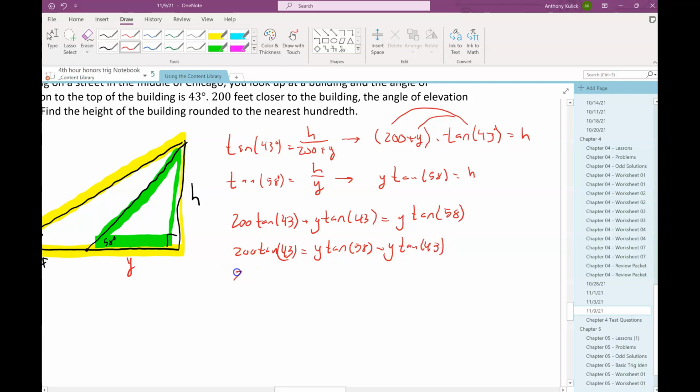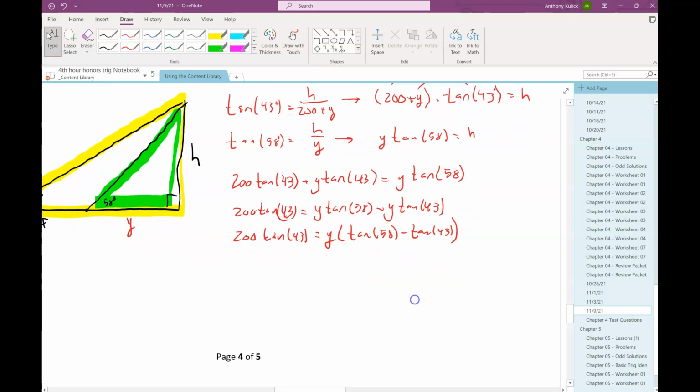So I can factor that greatest common factor of y off. And then I can divide both sides by the quantity tan 58 minus tan 43.